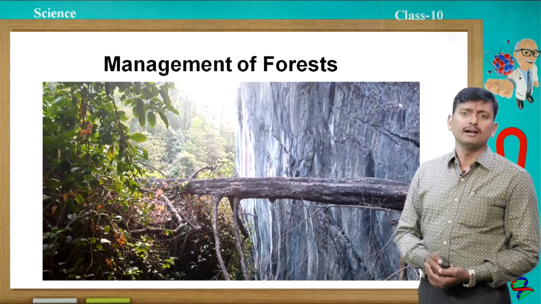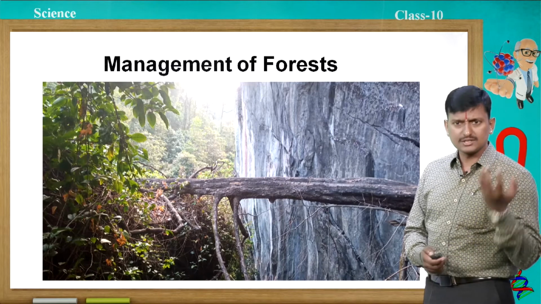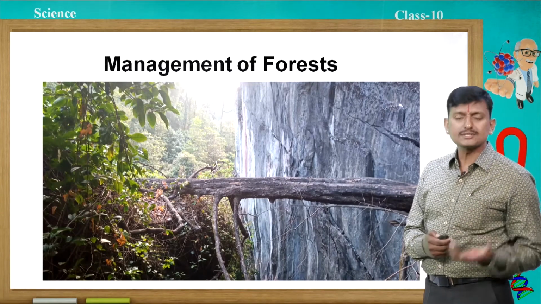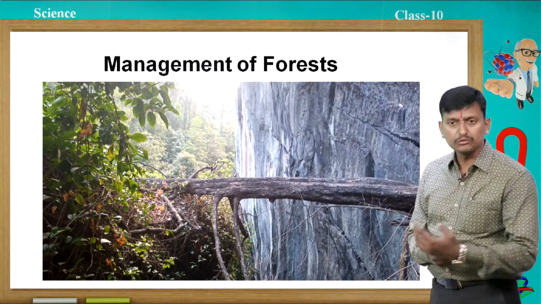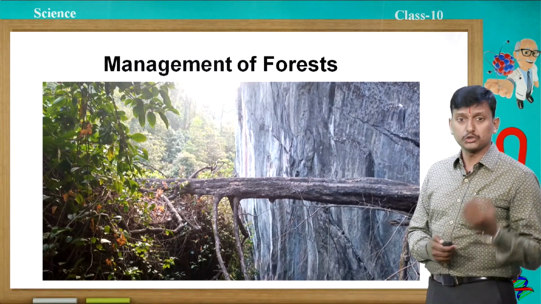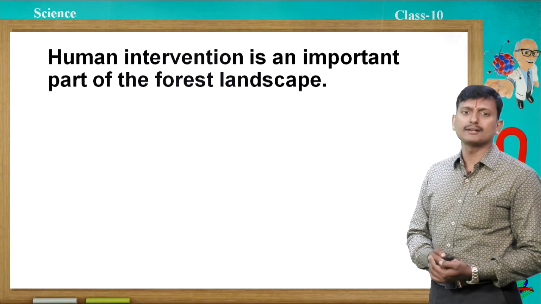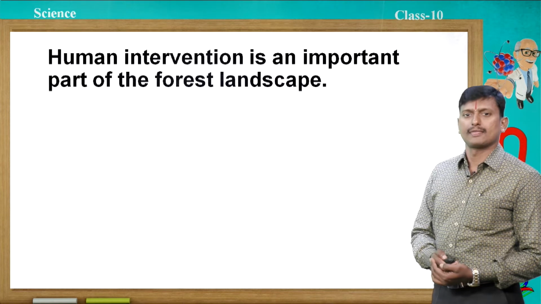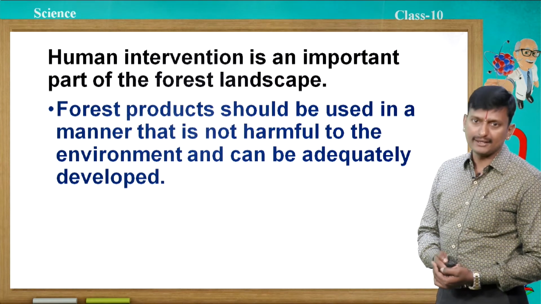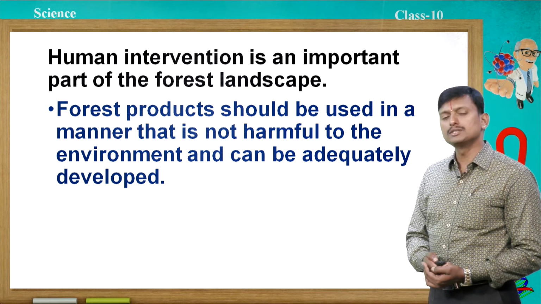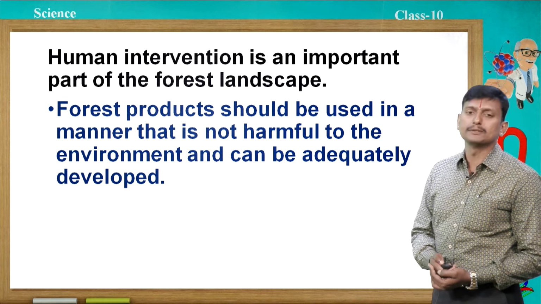What is the need of management? I told you that forests are resources which we are going to give to the future generation, so we should use them carefully. Human intervention is an important part of the forest landscape. Forest products should be used in a manner that is not harmful to the environment and can be adequately developed.